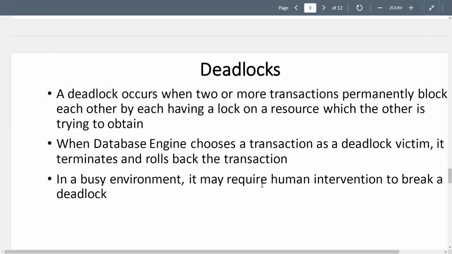But based on my experience, in a busy environment, very often a deadlock will require operator intervention because the environment is so busy, and the database management system is not responsive enough. Therefore, deadlocks exist longer than normal.